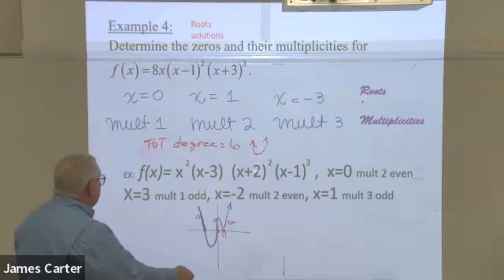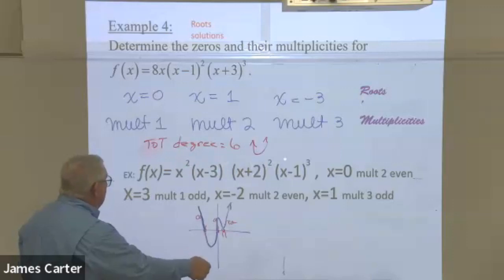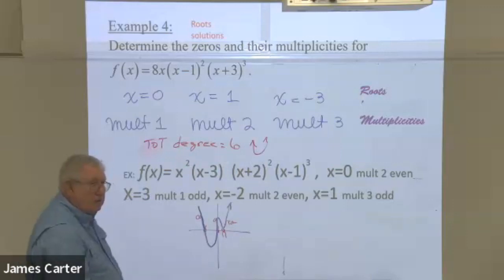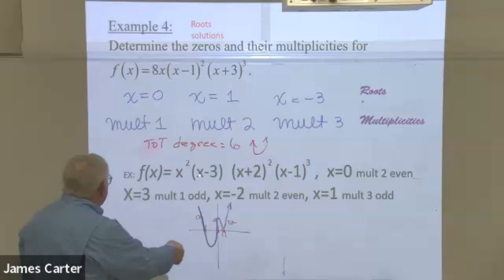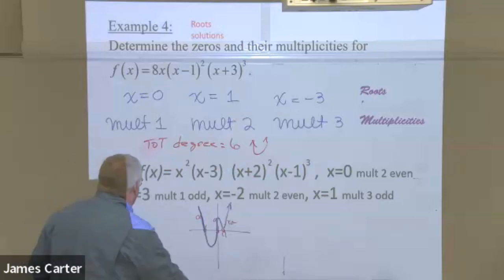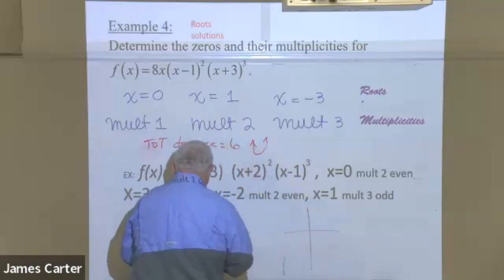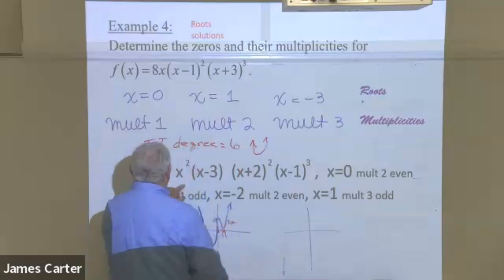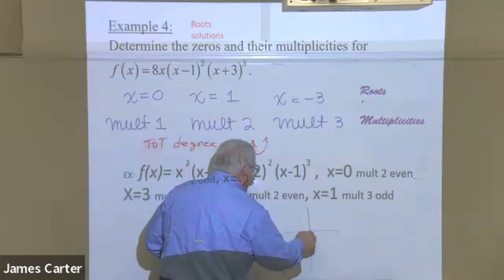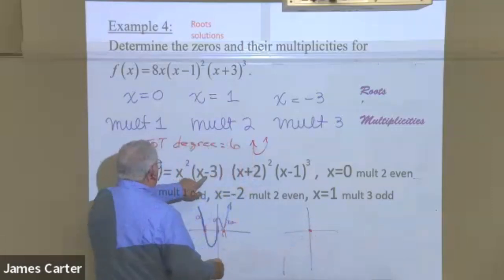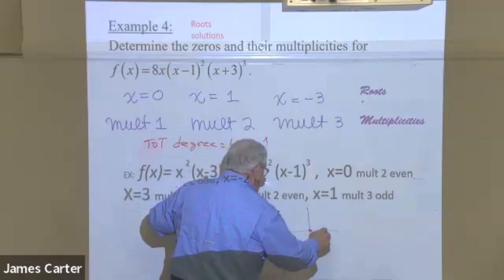Here's another problem. We got a multiplicity of 2, a touch and go point, a crossing point, a touch and go point, a crossing point. Okay. What would this one look like? Well, graph paper. That would give me a 0. That would give me a +3.